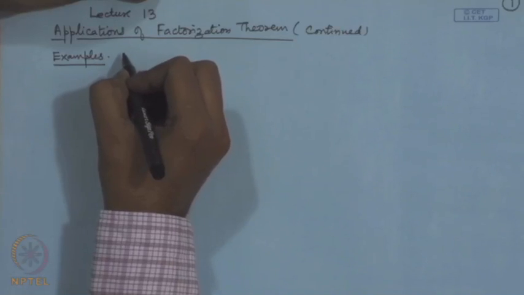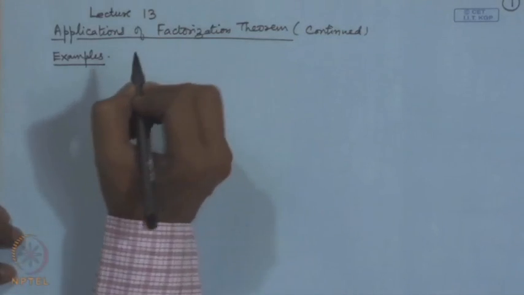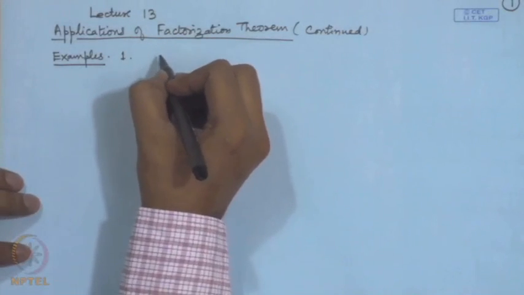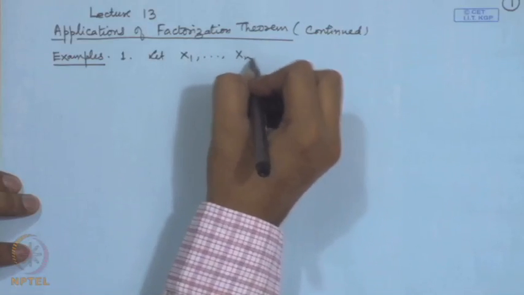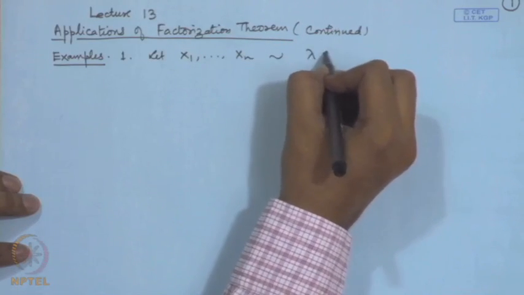Let me explain it through a few more examples, and we will use the factorization theorem here. Let me start with the exponential distribution. Let X1, X2, ..., Xn follow exponential distribution with parameter lambda.